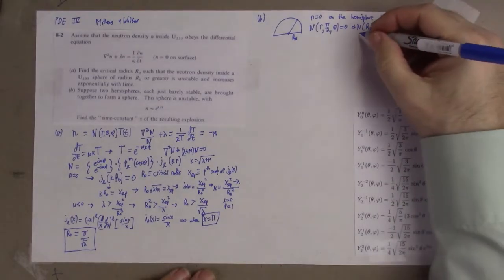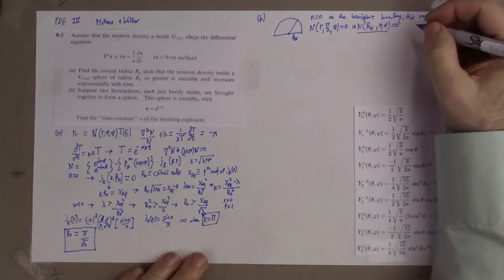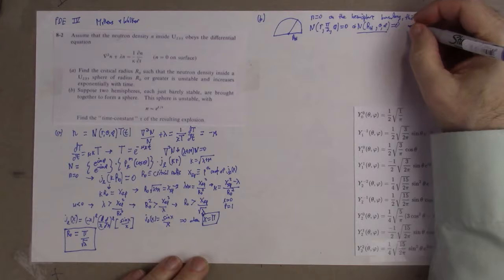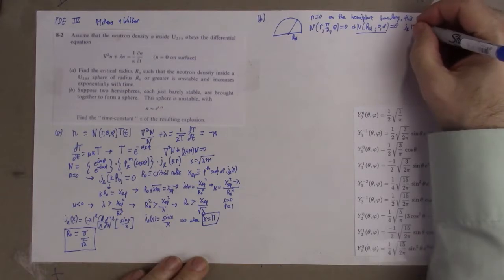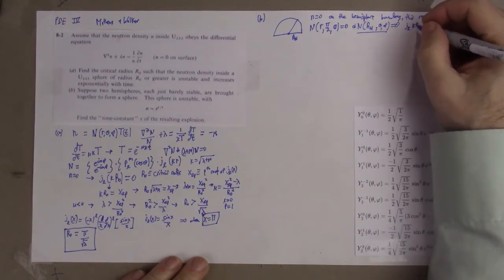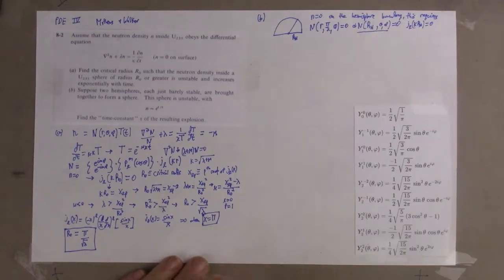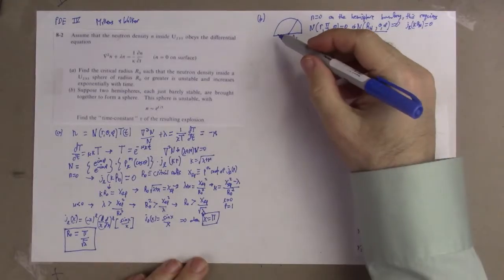Now, this boundary condition over here, we can satisfy as before by requiring that JL of K RH, we have a different R this time, not R0, K RH equals 0. That will satisfy everything on here.